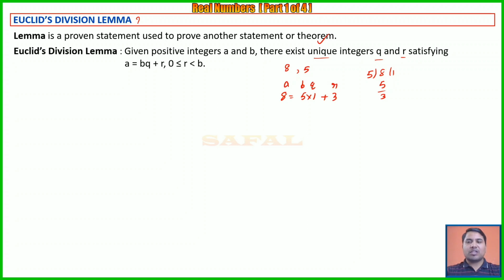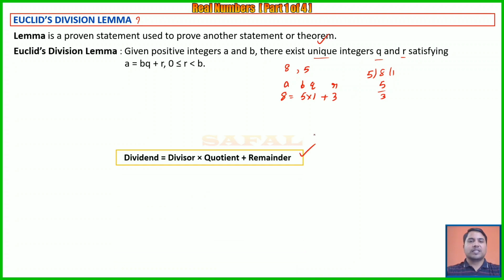So what long division method have we studied? Here we have dividend, divisor, quotient and remainder. We know that dividend equals divisor into quotient plus remainder. So Euclid division lemma talks about that itself. So a is the dividend, b is the divisor, q is the quotient and r is the remainder.